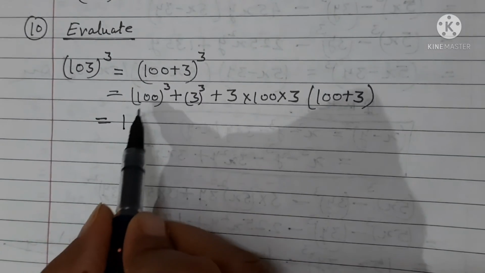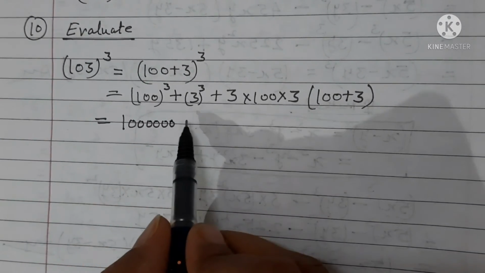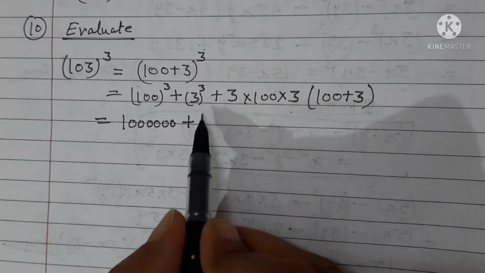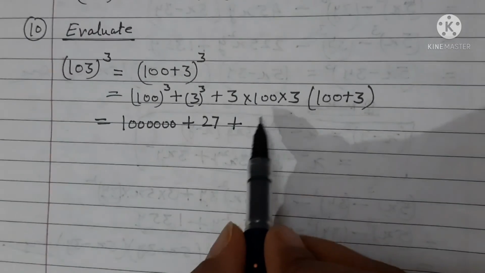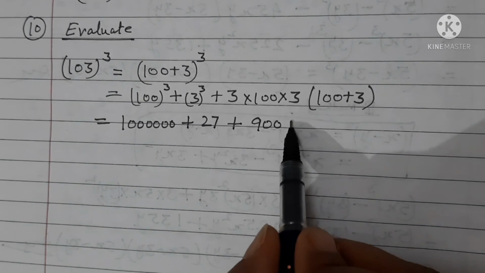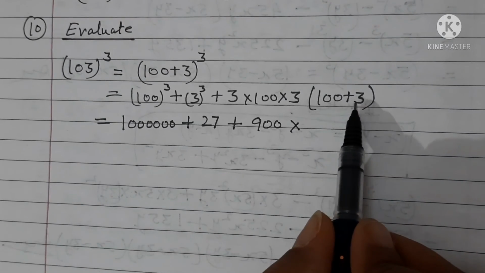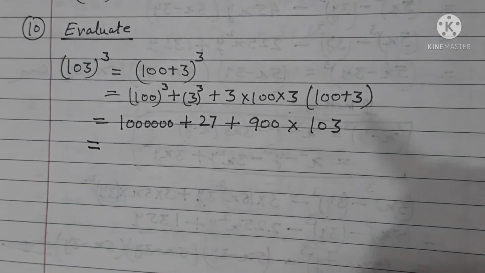Now you can get 1 2 3 4 5 6 0 cube. 3 3s are 9, 9 3s are 27, plus 3 3s are 9, so 900, and this becomes 100 plus 3, 103. Now solve it and get the answer.